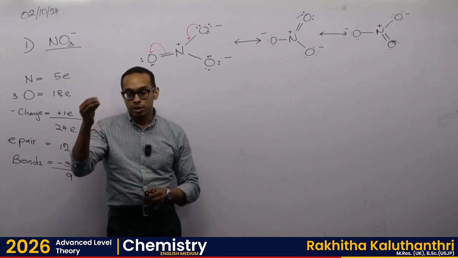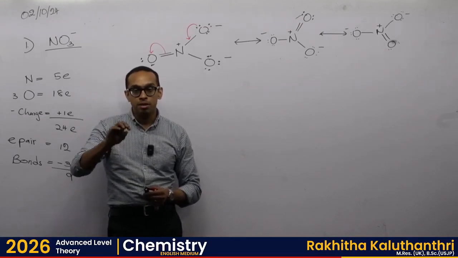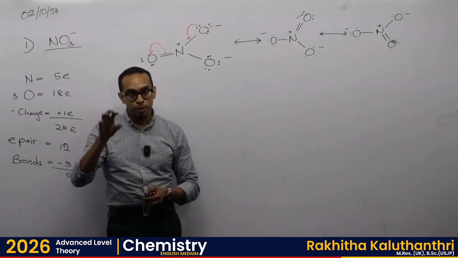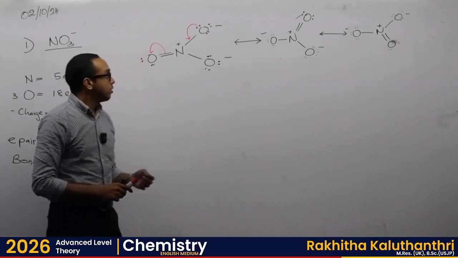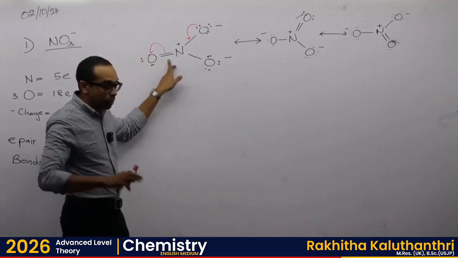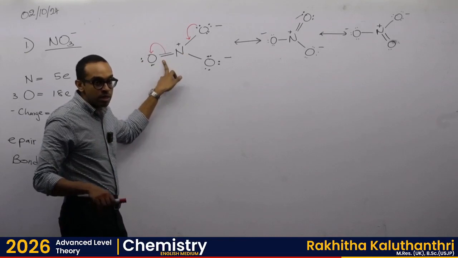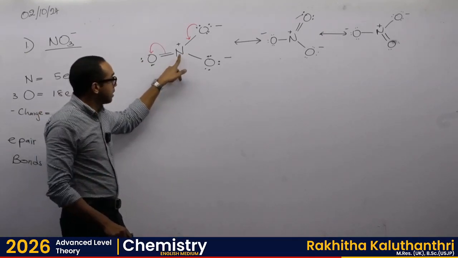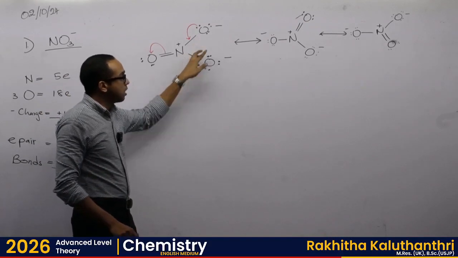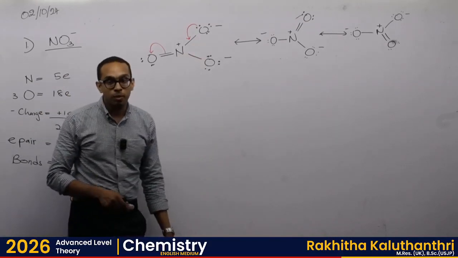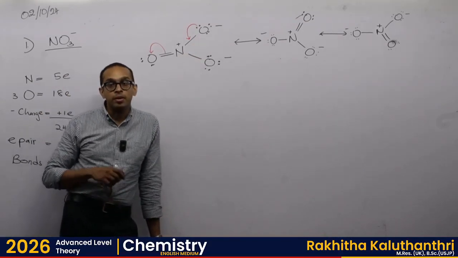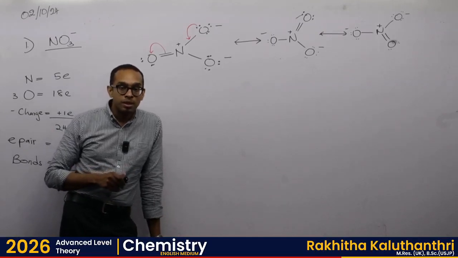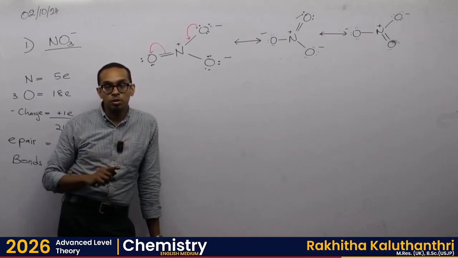We assume this is what is happening because according to the experimental data about bond lengths, we realize although the Lewis structure we draw looks like this, according to the experimental data, nitrogen-oxygen bonds are all the same, equivalent bonds, same length, right? What does that mean? The Lewis structures we draw are wrong.